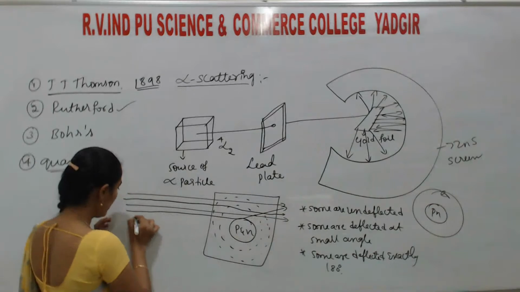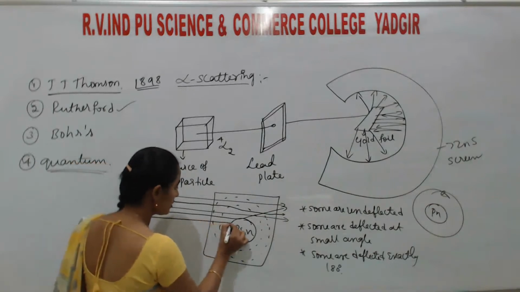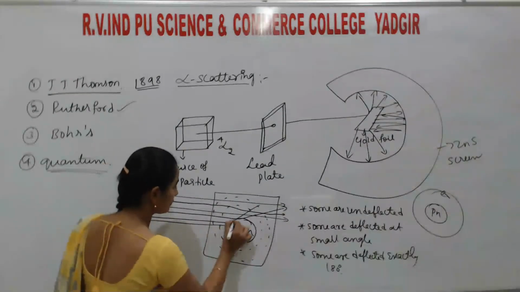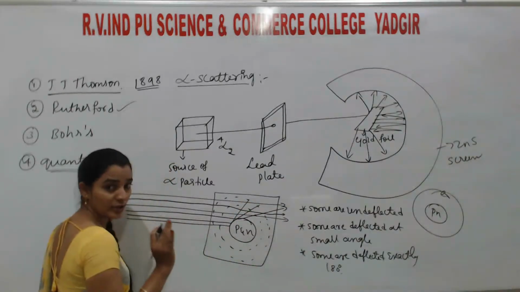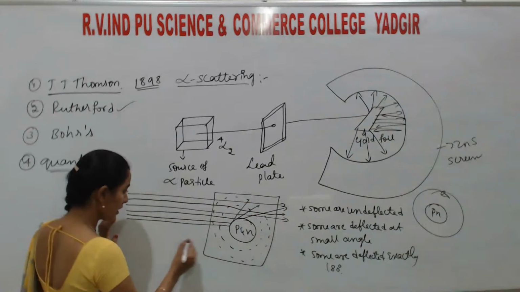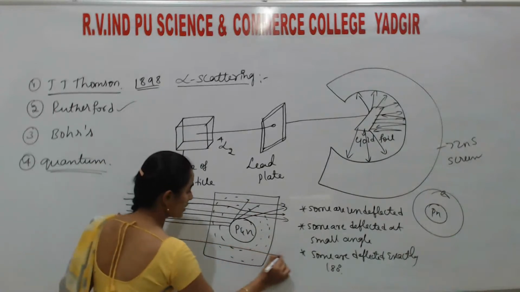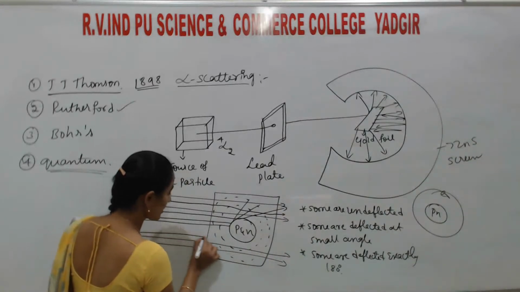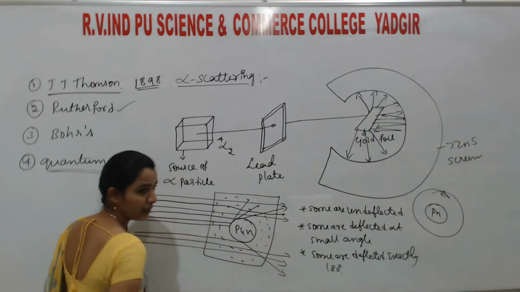When they approach like this, they are slightly deviated. Deviation takes place. If they pass here, then they pass through like this. If they approach exactly, then they deviate.